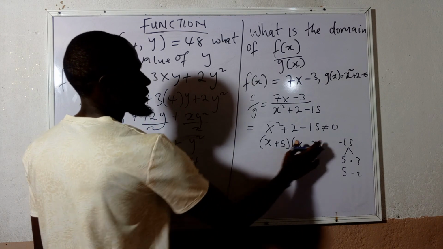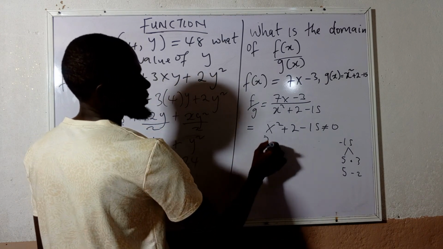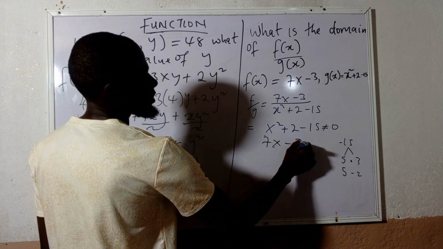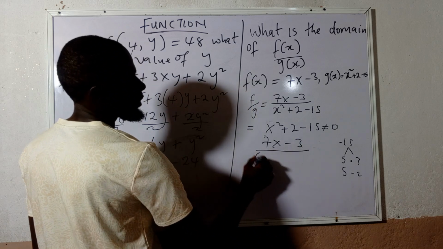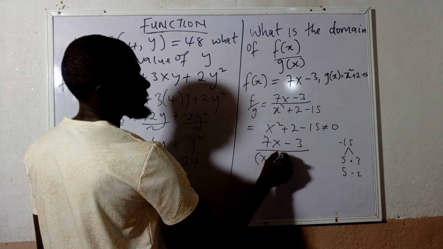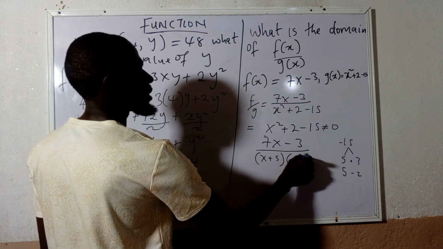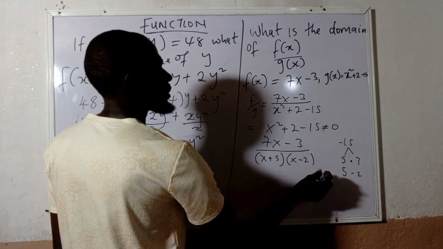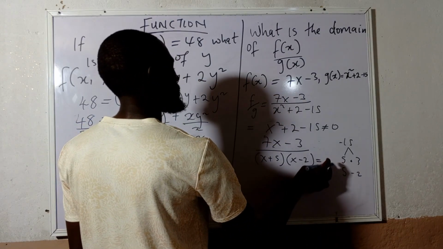Then this will be 7x minus 3 all over x plus 5 or x minus 2 is not equal to 0.